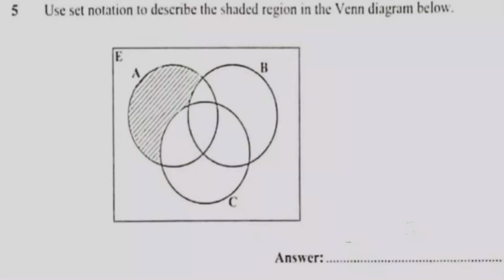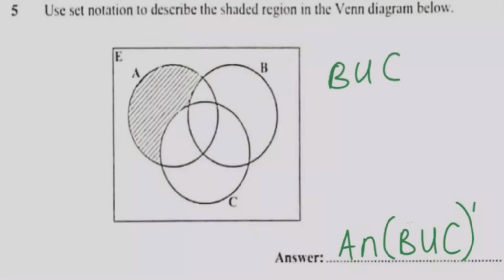So the set notation that can describe the shaded part is A intersection (B union C) complement. Okay, so I know some people are saying, sir, the answer is (B union C) complement.